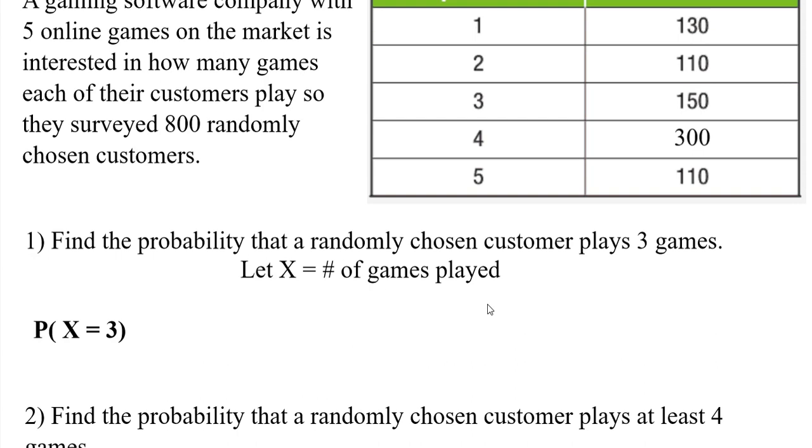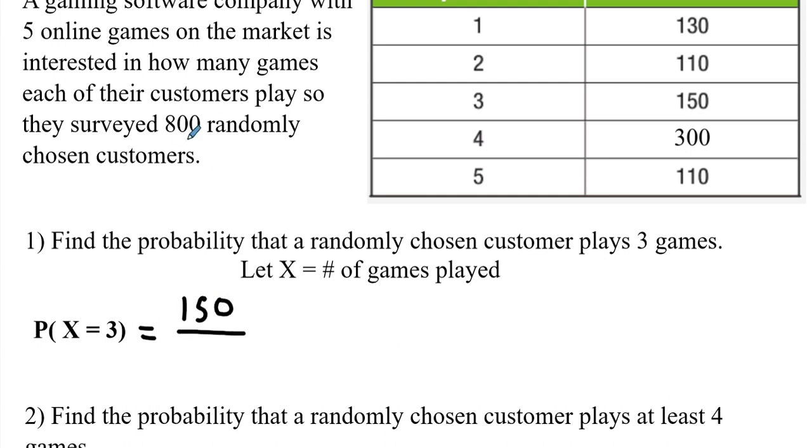Question number 1, find the probability that a randomly chosen customer plays 3 games. Let x equal the number of games played. Then the probability that x equals 3 is, well, how many of their customers play 3 games? 150. Out of how many people did they survey? 800.